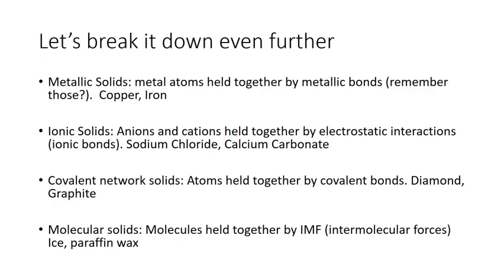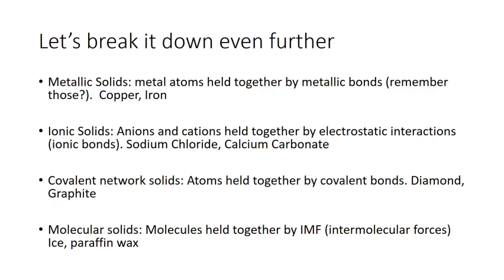So now within each of these categories, crystalline and amorphous, there are four types of solids. That's a metallic solid, where metal atoms are held together by metallic bonds. Some examples of these would be copper and iron. Ionic solids, where anions and cations, metals and nonmetals, are held together by an electrostatic interaction, or ionic bonds: sodium chloride, calcium carbonate, those kinds of things.